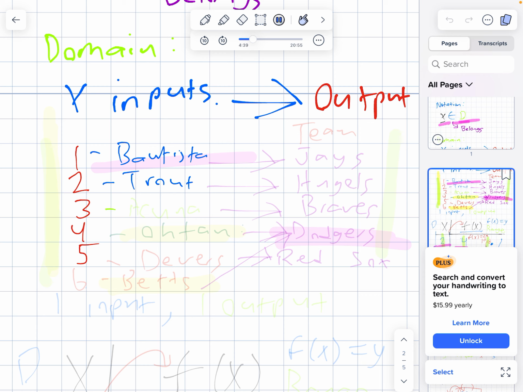Bautista, Trout, Acuna, Ohtani, and Devers. Let's say I had a function, and these were all of my inputs.